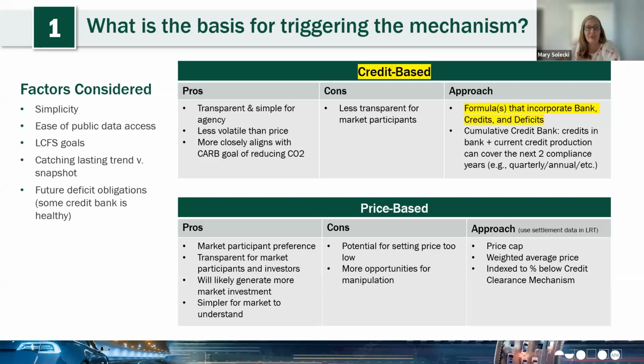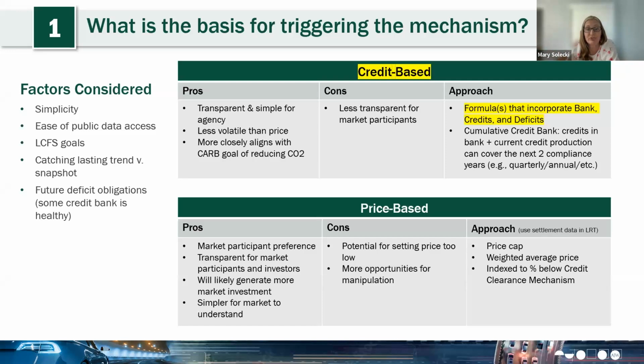Next slide, please. What's the basis for triggering the mechanism? Under the factors considered there's ultimately 2 basic approaches here. As you can see over on the left hand, the factors that we considered to help us weigh these different approaches.